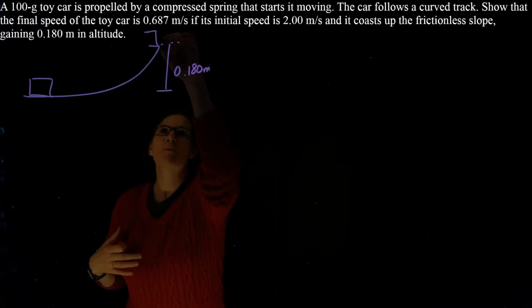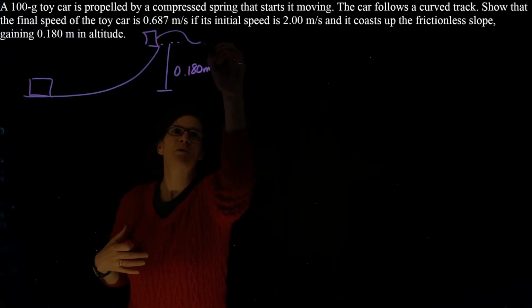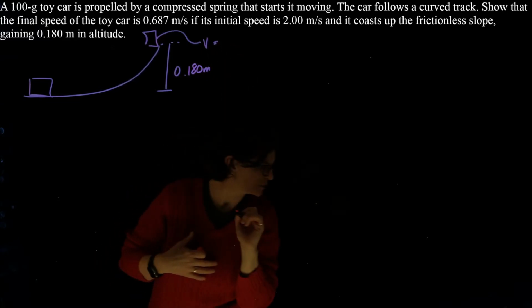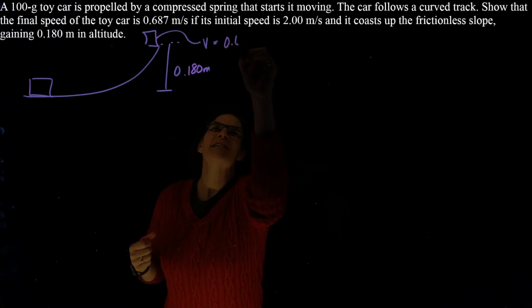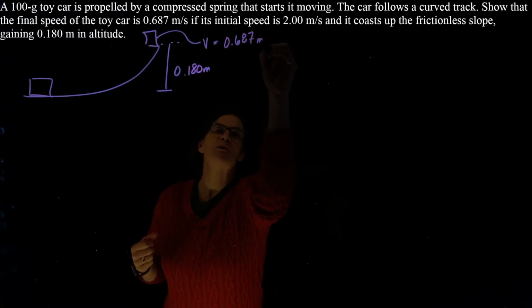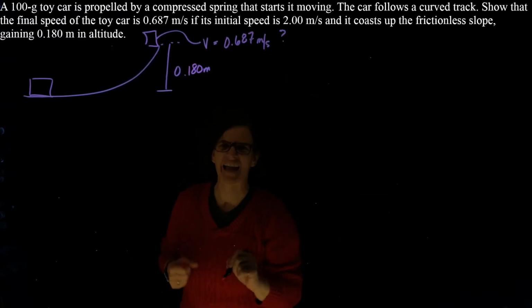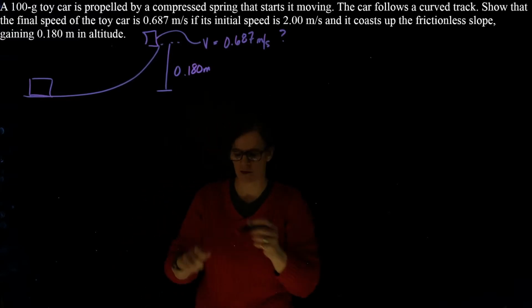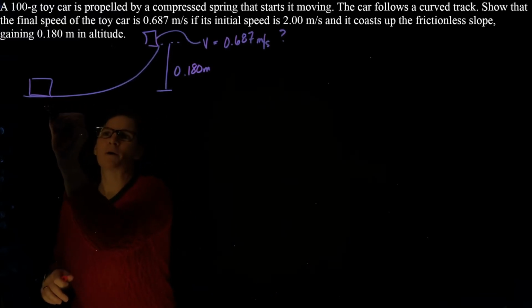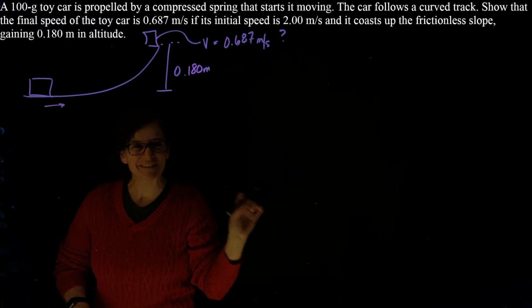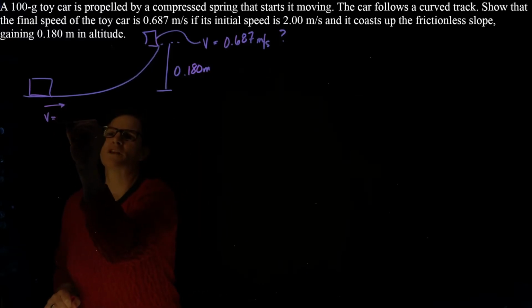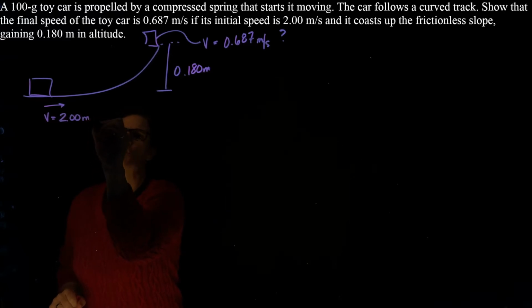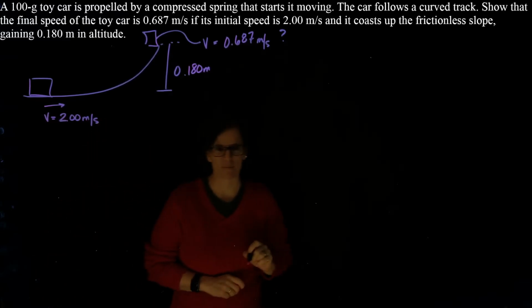And at this point on the track, we know that its speed is equal to 0.687 meters per second. At least that's what we're trying to decide. Is it equal to 0.687 meters per second? At this point, as it begins, after that compressed spring, as it goes up that track, we know that it has a speed of 2 meters per second at that point.